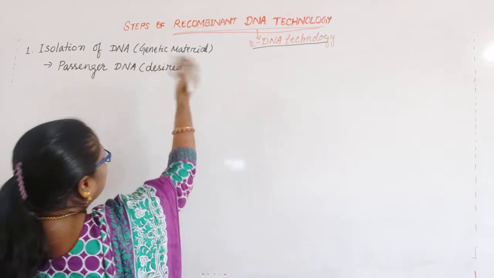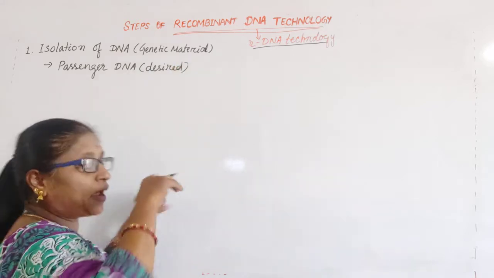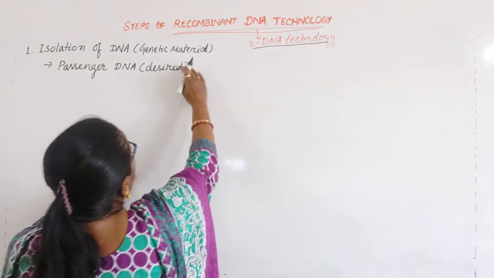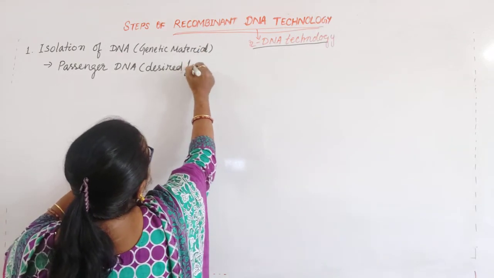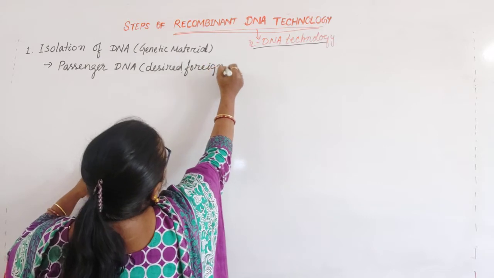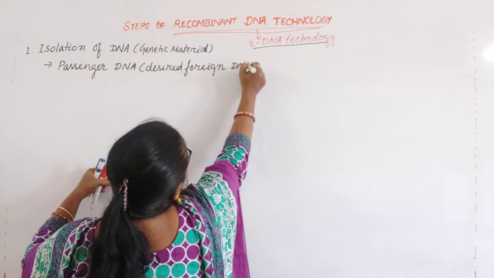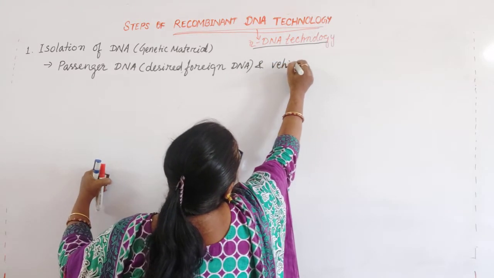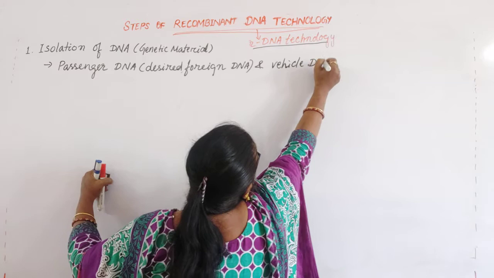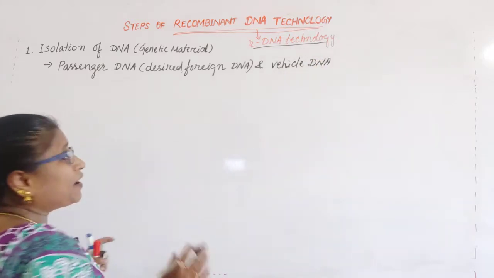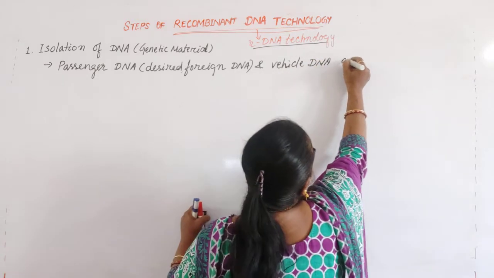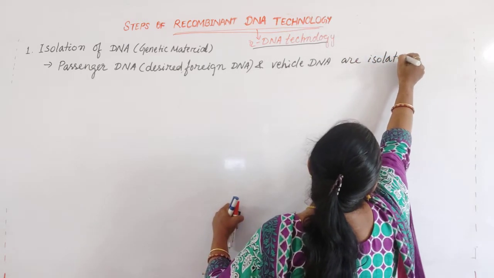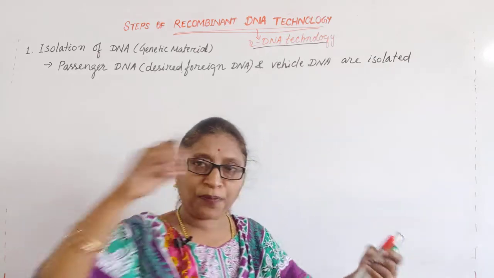First of all, we have to obtain that foreign DNA, the desired foreign DNA, and the vehicle DNA, the vector DNA. They are isolated, separated, taken out from the cell.